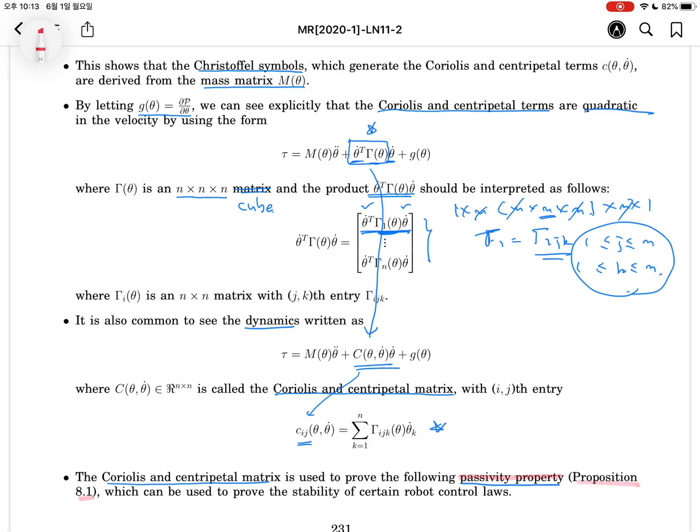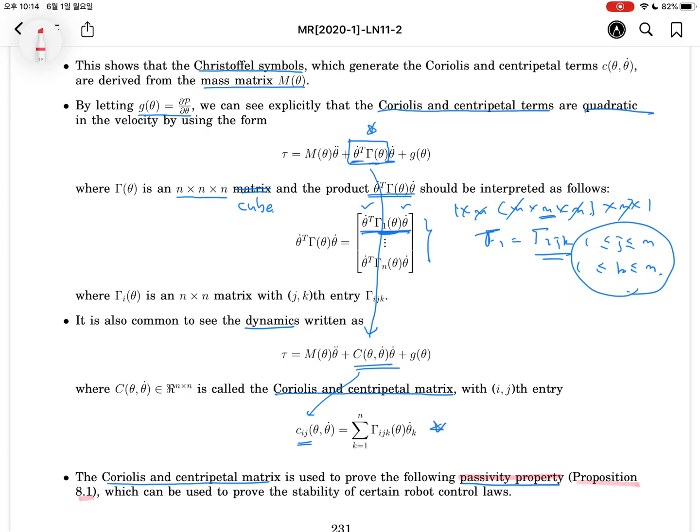Next to proposition 8.1, we will introduce M dot minus 2C as a skew symmetric matrix. That definition will be utilized in proving the stability, global stability, or asymptotic stability.